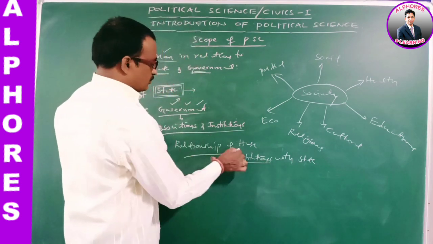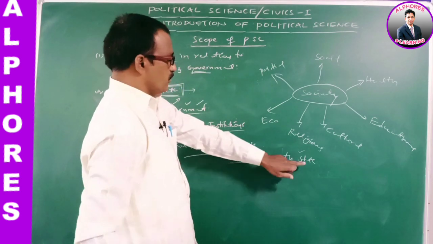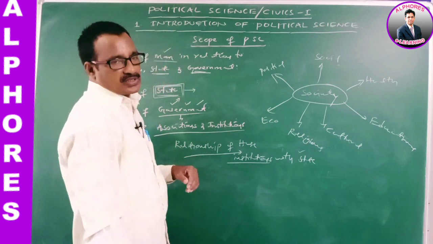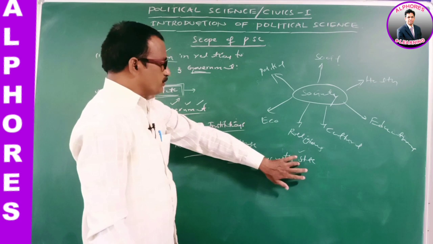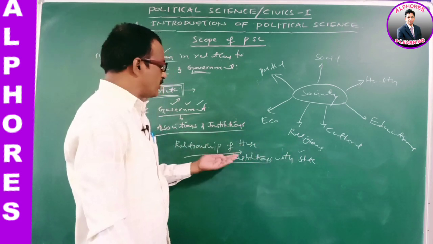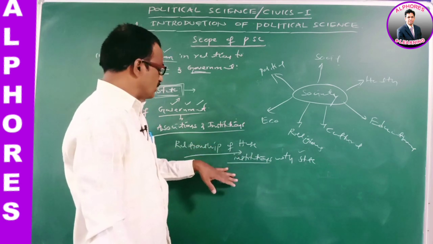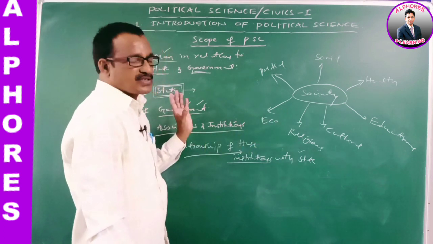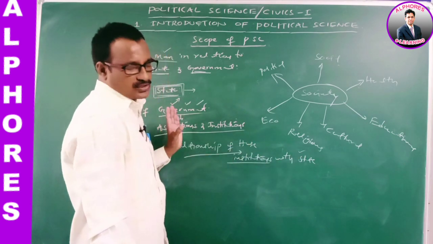Various institutions must maintain relations with the state, because the state is the foundation for the establishment of all these institutions and associations, because the state will give instructions or permissions or directions for their establishment and functioning. Means these associations will depend upon the state for their existence and survival. So without the state there are no other institutions.